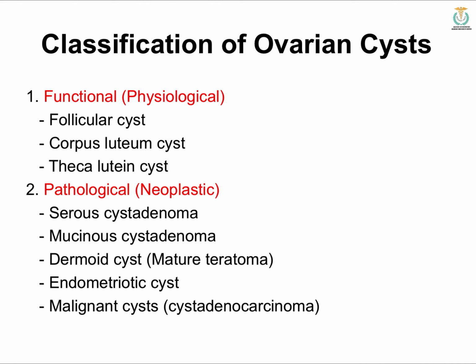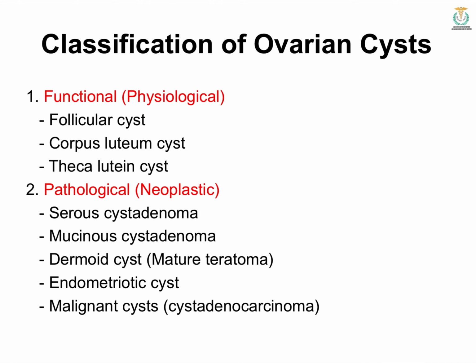Next is the endometriotic cyst, which contains altered blood, giving a chocolate appearance. Then talking about the malignant cyst, when we see a cyst with thick septations, papillary projections, or solid areas, we must think of malignancy.